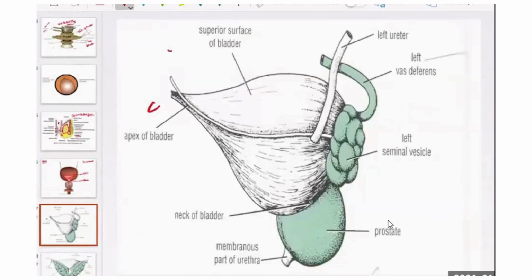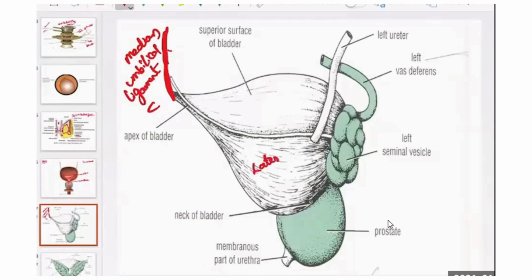This is the apex of the bladder, where you get the attachment of a ligament called the median umbilical ligament. This is important for MCQ. What is attached to the apex? Median umbilical ligament. Again, this is the lateral surface. This is the superior surface, where you get the peritoneum above. The posterior surface is related to the seminal vesicle and vas.